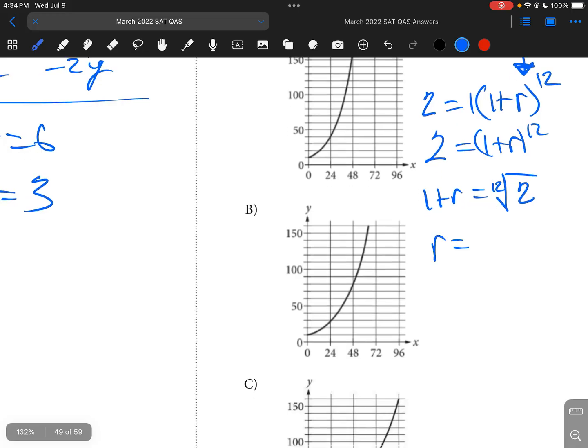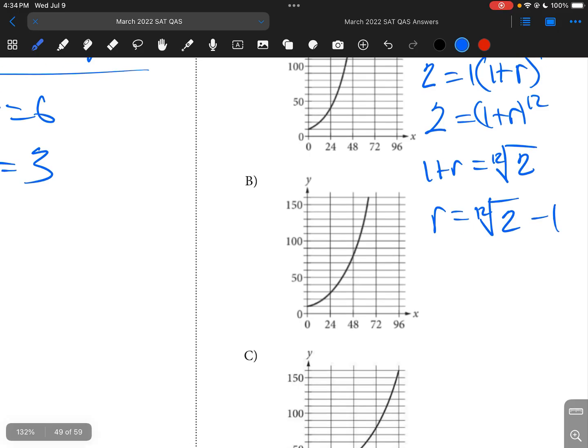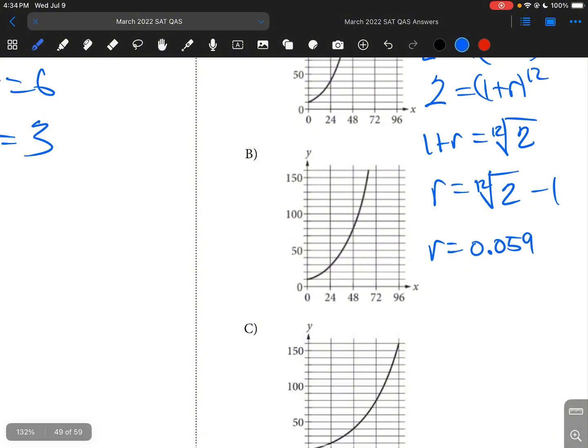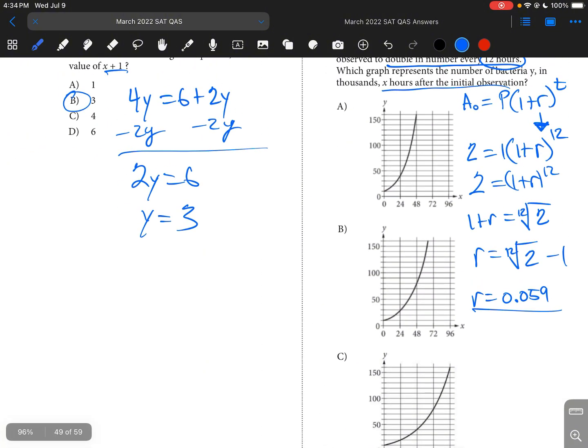Say r is equal to the 12th root of 2 minus 1. And if you plug that into a calculator, you get r is equal to 0.059. So now you know what the rate is every hour.